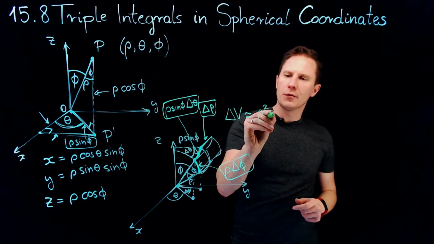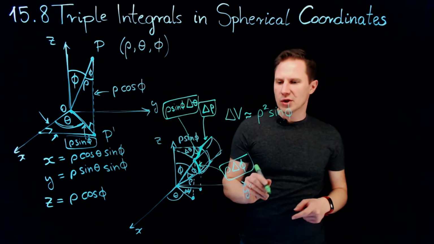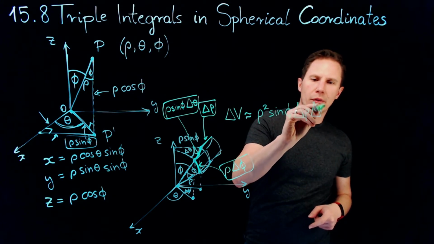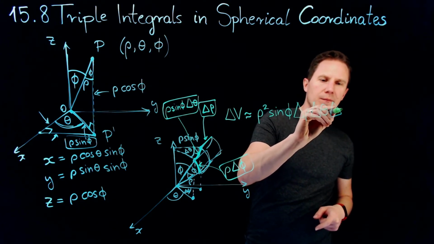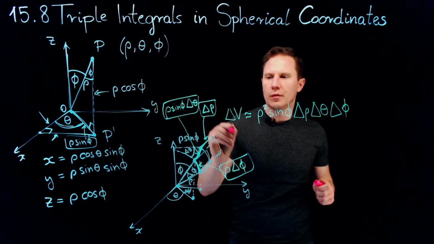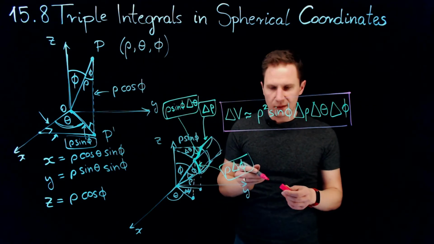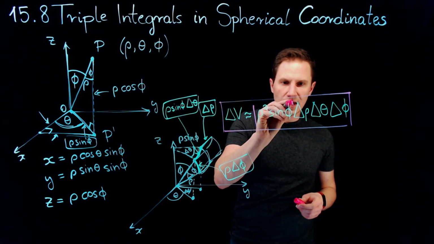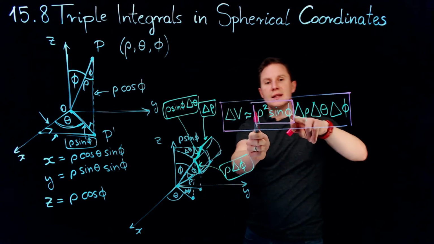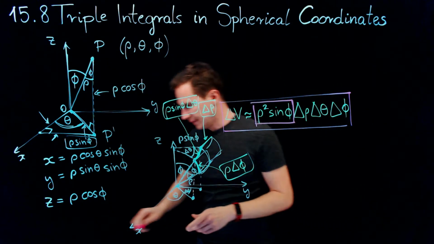Then we have sine of phi, and then the three small changes in rho, theta and phi. Okay, so this is the important bit, because this is what turns into the volume element, and it's very important that when you change from Cartesian coordinates to spherical coordinates, it gets an extra factor of rho squared times the sine of phi.